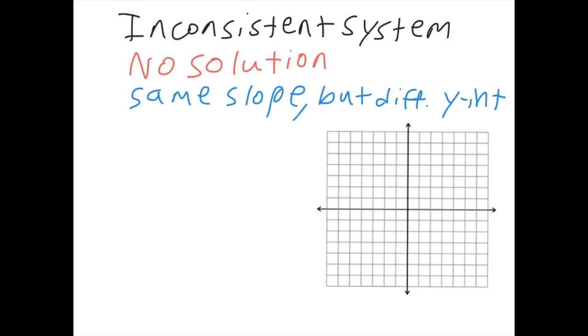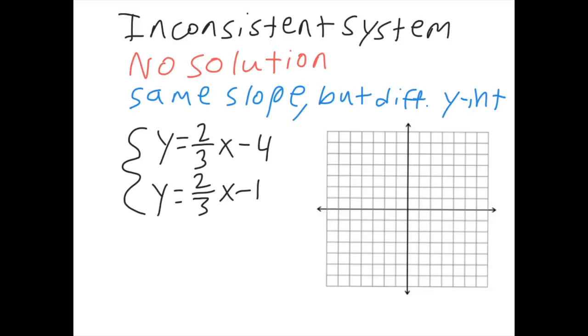Here's a sample system. We have y equals 2/3 x minus 4 and y equals 2/3 x minus 1. If we go to graph those, for the first one, we go down 4 for the y-intercept and then go up 2 over 3. For the second one, go down 1 for the y-intercept and then up 2 over 3.